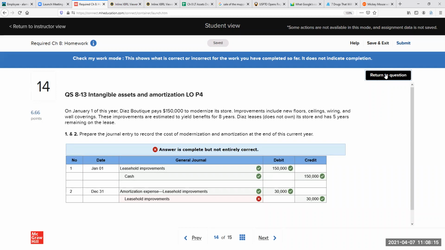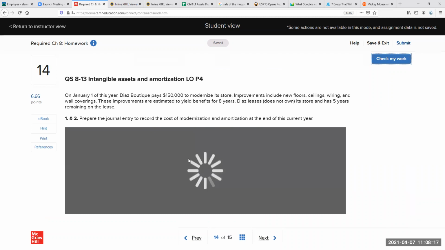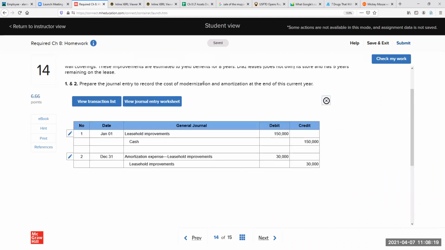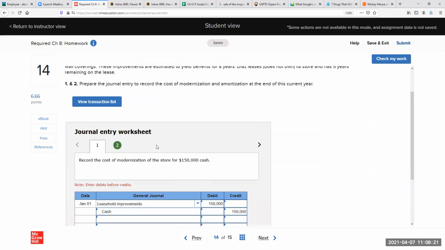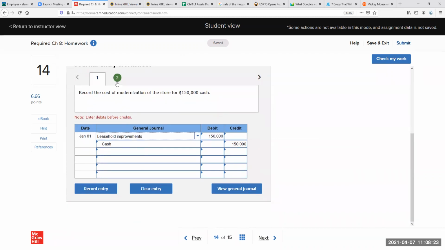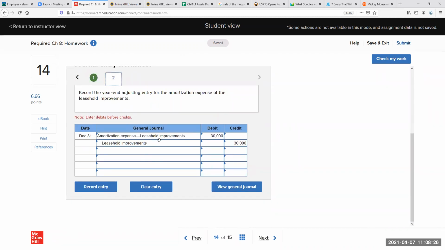Well, I'm not sure what to put then. Let's see. It's not accumulated. You don't accumulate amortization.